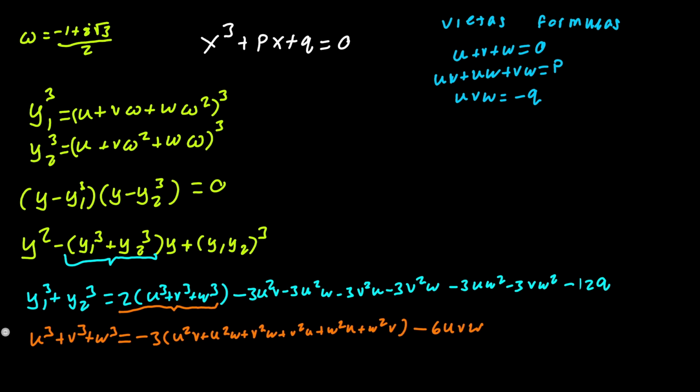And we could replace our uvw with negative q, which will give us positive 6q.